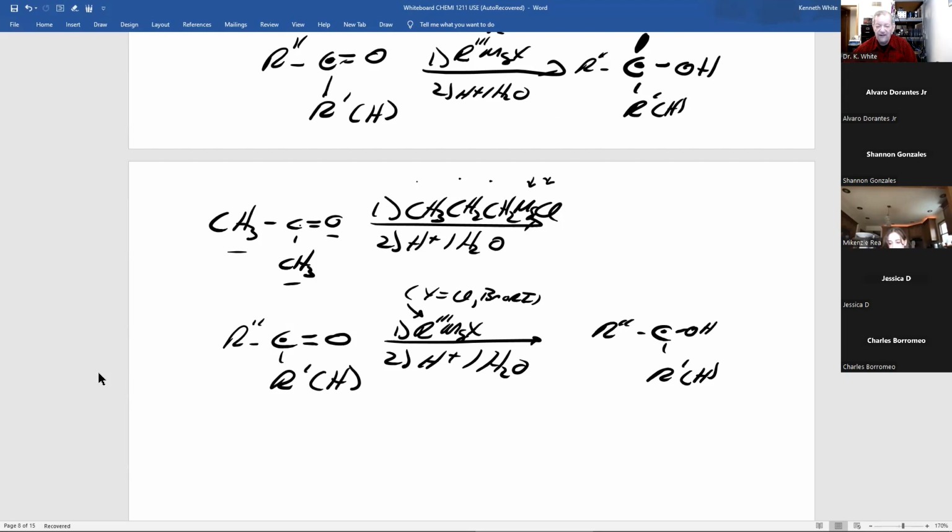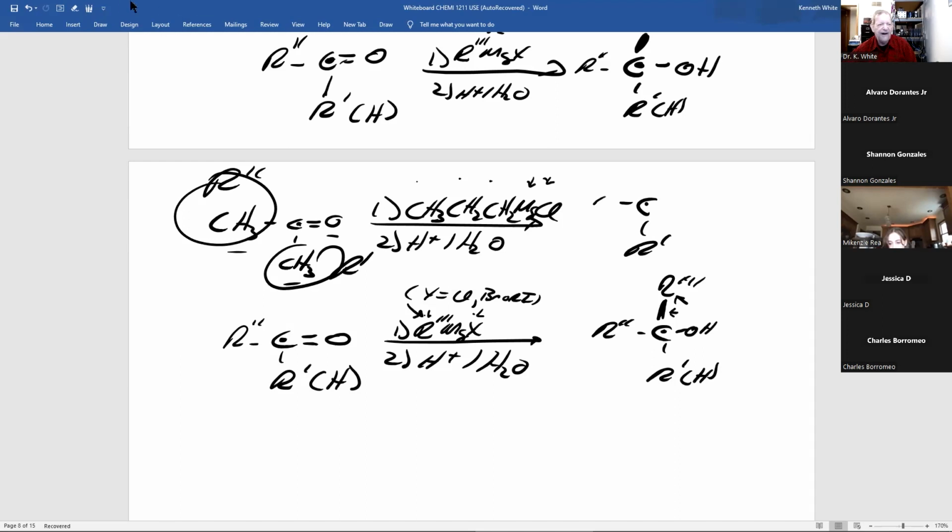Then from the Grignard, you make that special carbon-carbon single bond, and the carbon on our R triple prime with the Grignard, MgX, is the carbon this bond goes to. So here's my carbonyl. What's attached to it? R prime, R double prime.